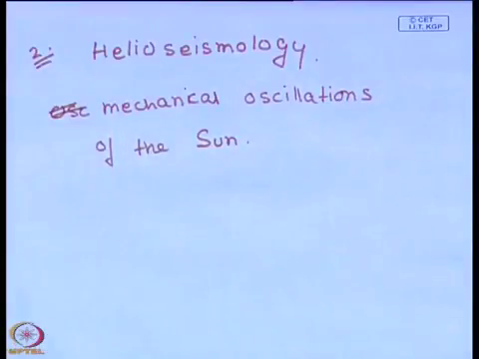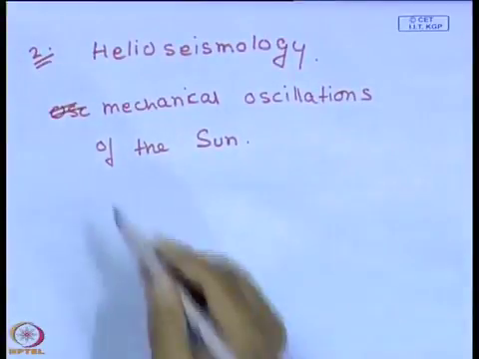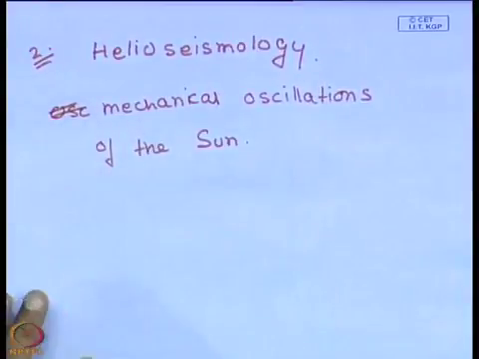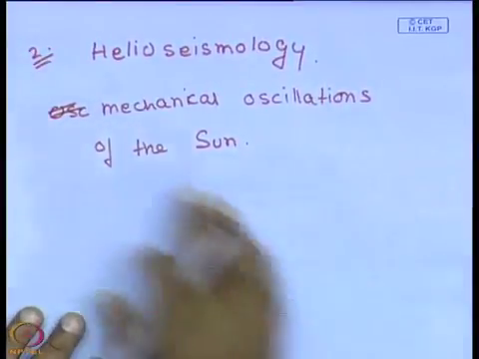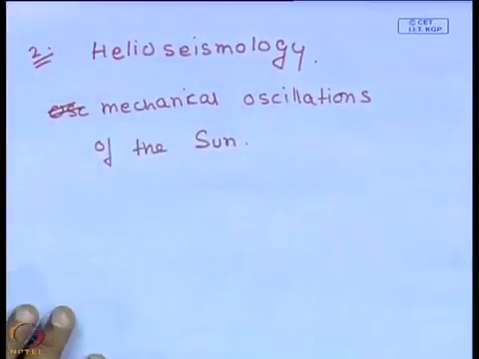Whereas the sun is easier, so it is easier to model the mechanical oscillations of the sun, and monitoring such oscillations probes the interior of the sun.